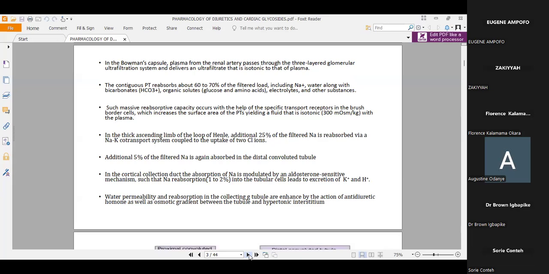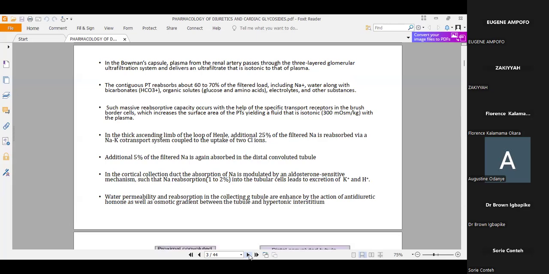Such massive reabsorptive capacity occurs with the help of specific transport receptors located on the brush border cells, which increase the surface area of the proximal convoluted tubules, yielding a fluid that is isotonic to plasma.